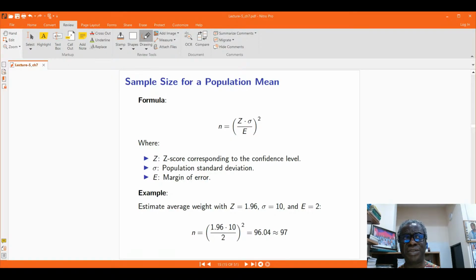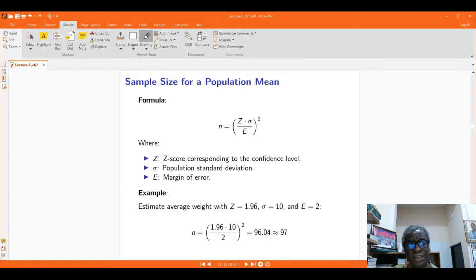In the last lecture, I gave you the Z score for 90% confidence level to be 1.645. For 95% confidence level, the Z score is 1.96.